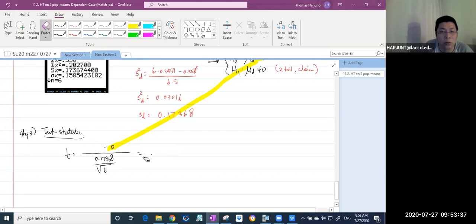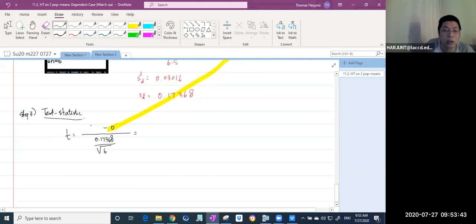That's 0.093. Do the correction. Yeah, it looks better. 1.3116.